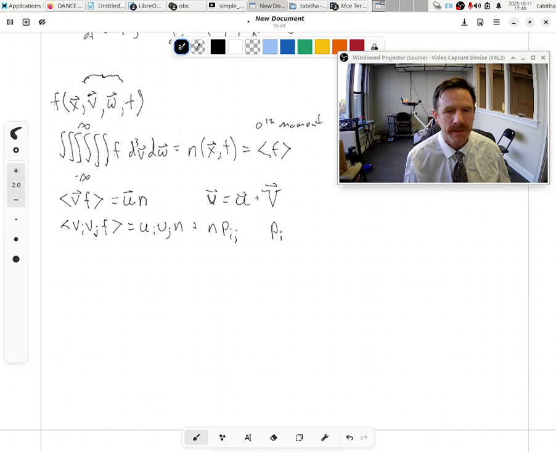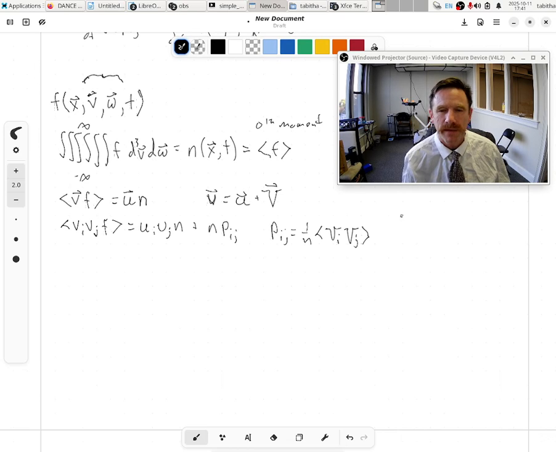And the pressure tensor here, as we defined it, is the integral of our peculiar velocities. Of course, we have the average peculiar velocity is going to be 0 by definition, because the average velocity is just this, u, the bulk velocity.